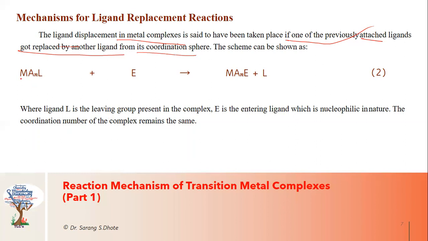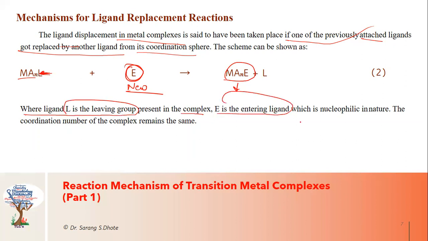For example, MLn. This L is the one ligand, where this L is replaced by the E type of ligand, which is a new ligand, and a new complex is formed. This is known as a replacement reaction, where the ligand L is the leaving group and E is the entering ligand, which is nucleophilic in nature.